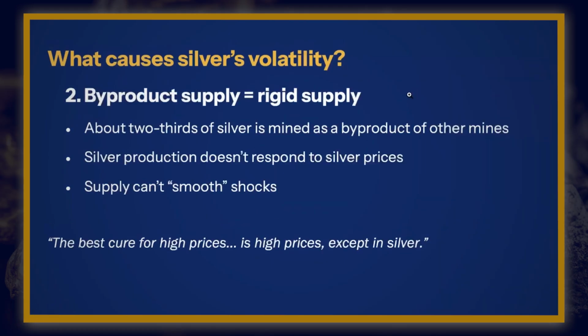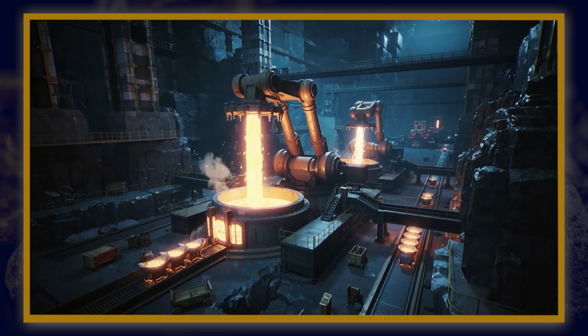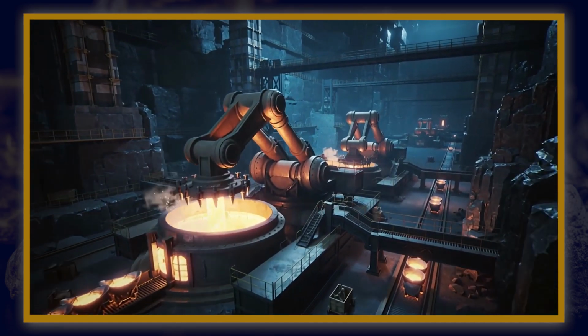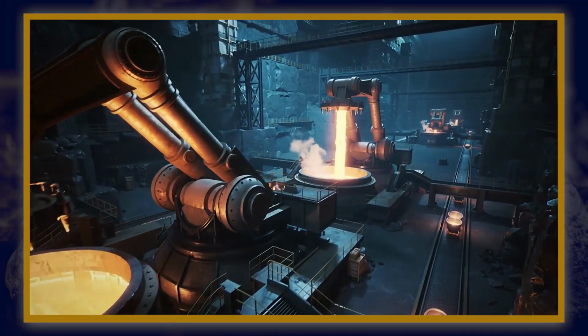Number 2, a byproduct supply equals a rigid supply. So silver is primarily mined as a byproduct of other mines: copper, zinc, nickel, even gold. So actually about 2/3 of silver is mined as a byproduct of other mines. So most silver is not from a dedicated silver mine. So what that means is silver production doesn't respond to silver prices.